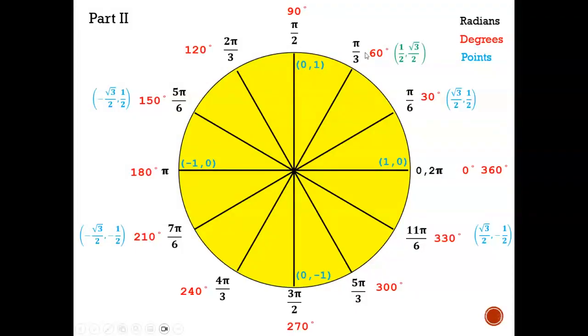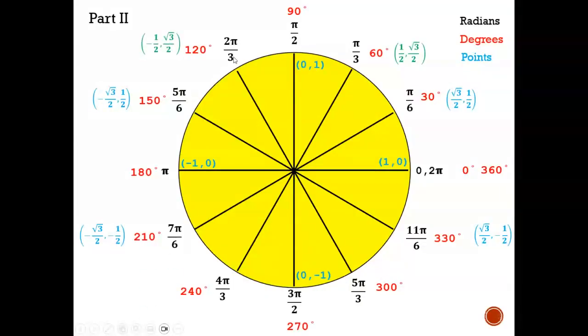Now looking at all of our values with a denominator of 3, the point is going to be x coordinate 1/2 or -1/2, and the y coordinate is going to be square root of 3 over 2 or negative square root of 3 over 2, again depending on the quadrant you're in. Quadrant 1 is positive, so we have 1/2 and square root of 3 over 2.